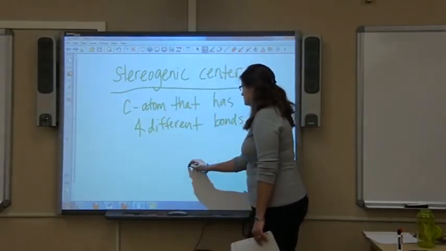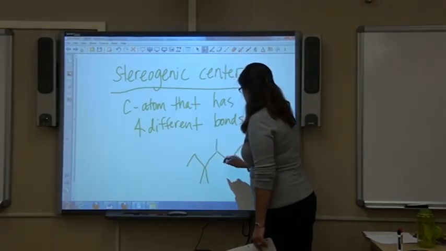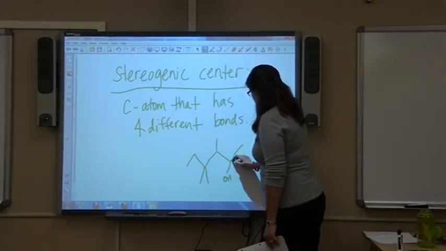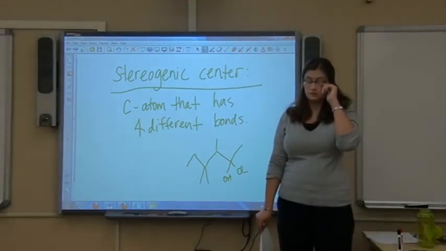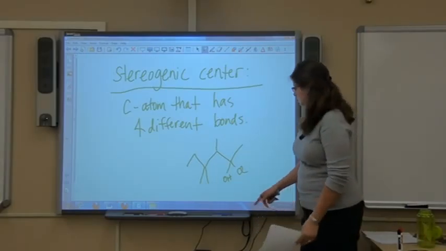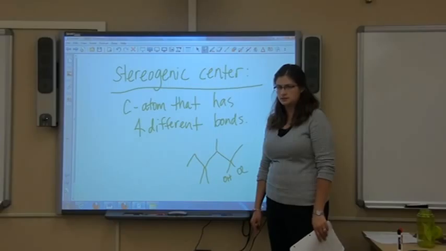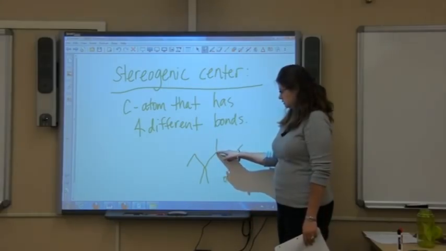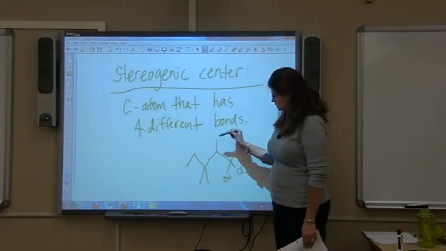So if you were asked to identify in this molecule where your stereogenic center is, where would it be? Would it be here? No, because those are 2 methyl groups. Those are the same. That's not stereogenic. Are these all things the same? Well, here you have a CH3.